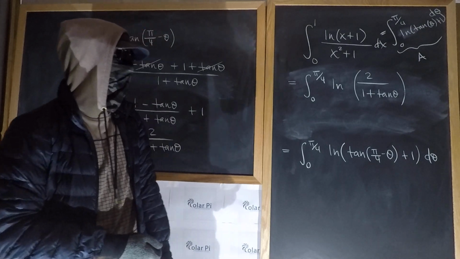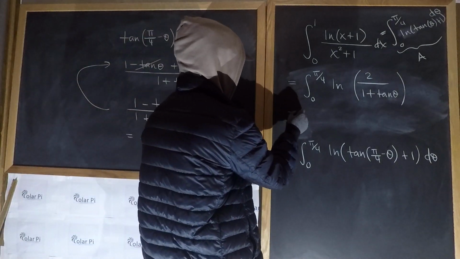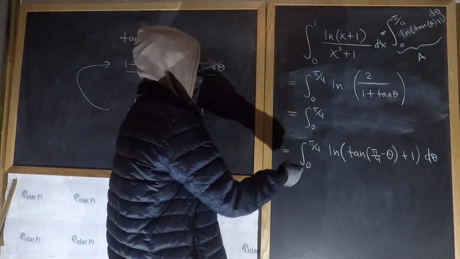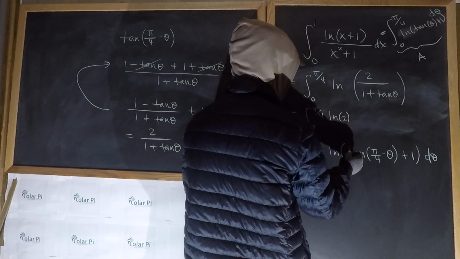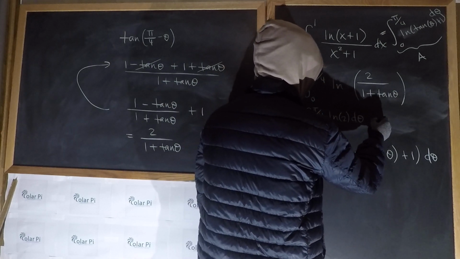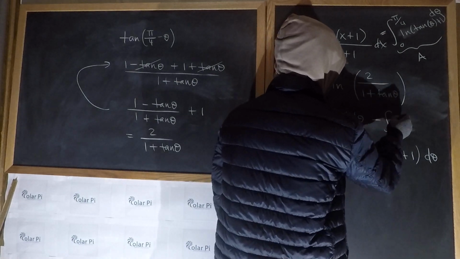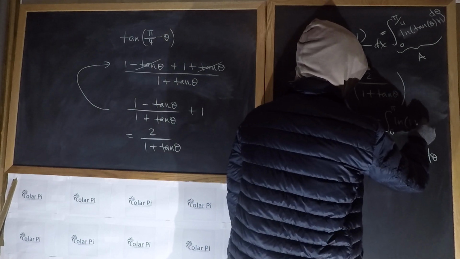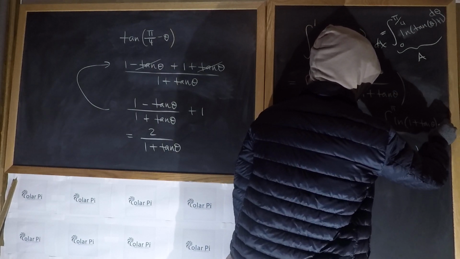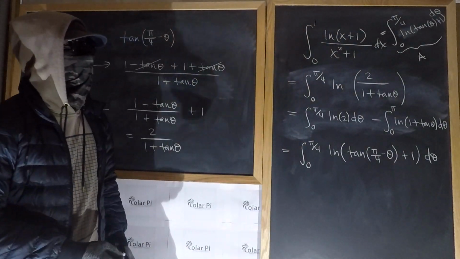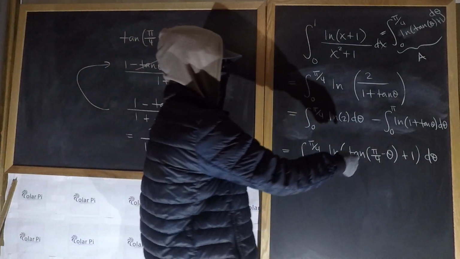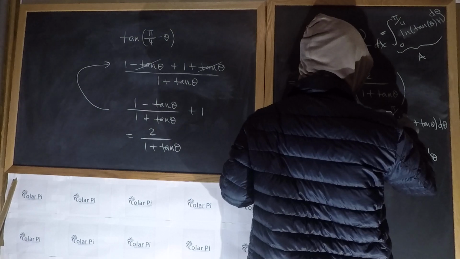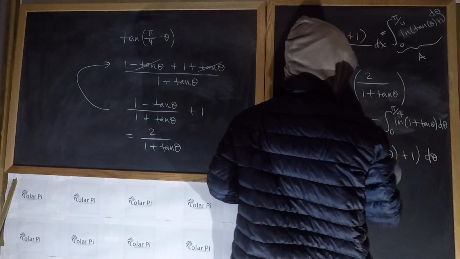Okay, because it's about to show up again. Where, you say? Well, here, this is equal to 0 to pi over 4, using the log rules, the natural log of 2 d theta, and then minus the integral 0 to pi over 4 of the natural log of 1 plus tan theta d theta. Yeah? Okay. And it's not 0 to pi, it's 0 to pi over 4, right? Right there? I think I said it right, I just didn't write the over 4. But now I did, so live with it.